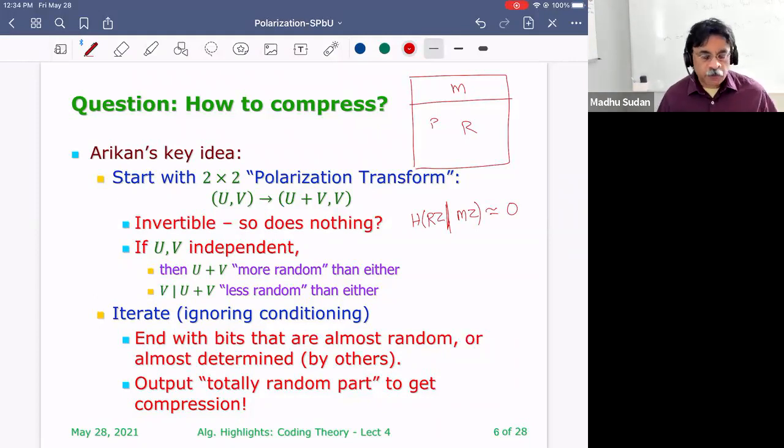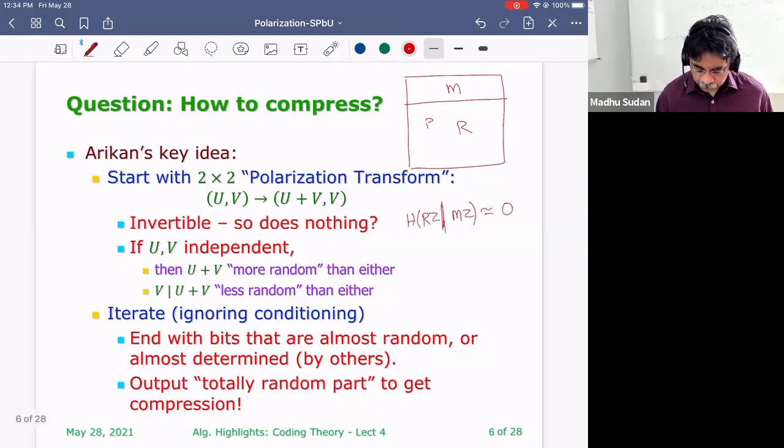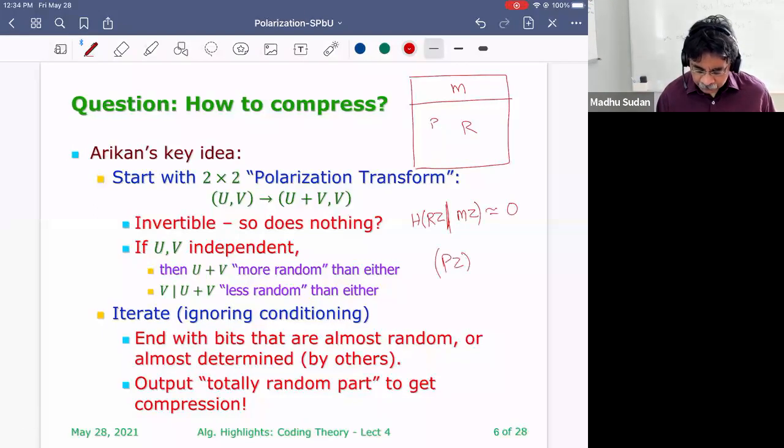But we will build this by building the square matrix slowly and iteratively. And the slow construction will have the feature that as you look at different coordinates of p times z, sub i, for different i, some of them will be very, very random, and others will be very determined given the other quantities. And this is the polarization that we want to achieve.